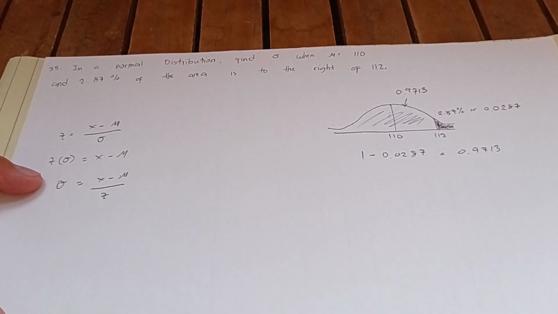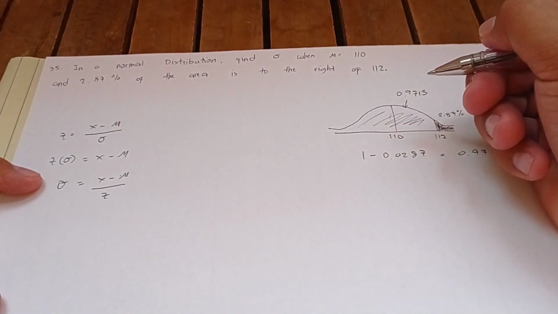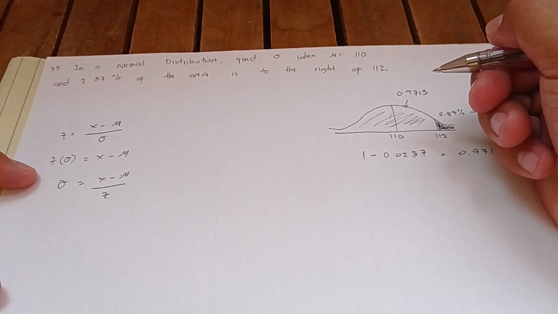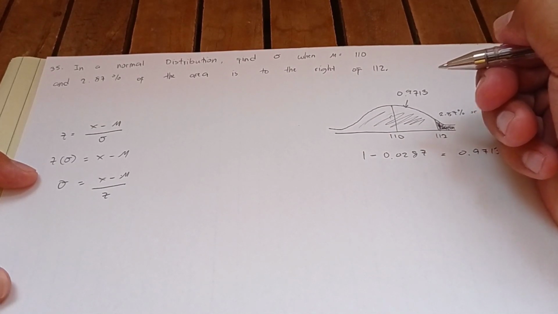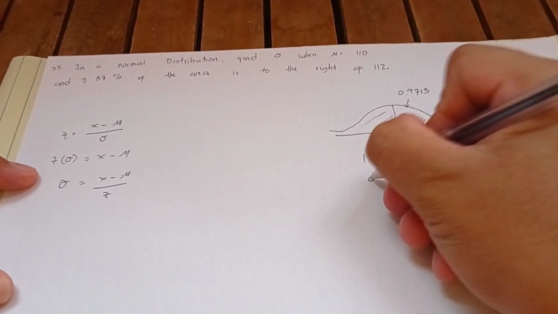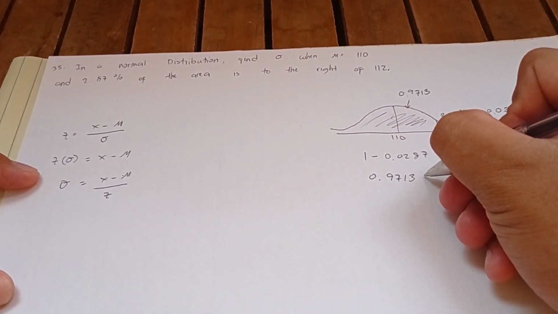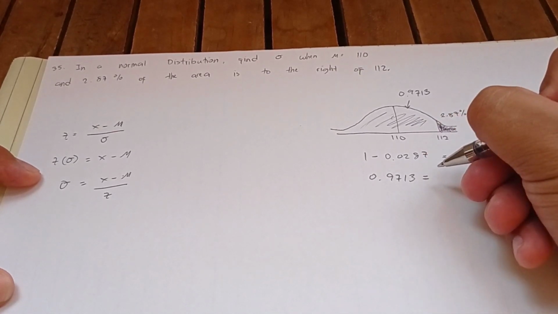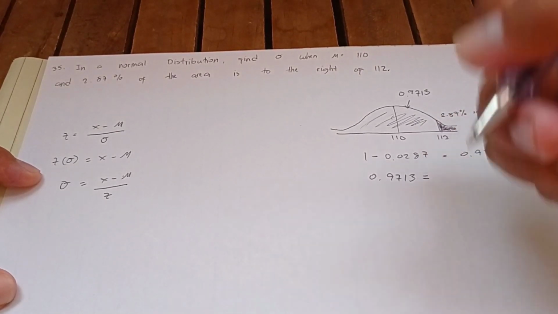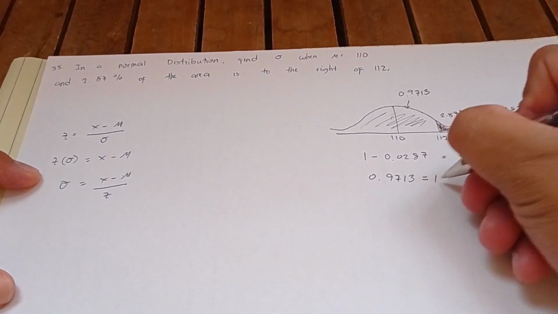Since we have this area, we could look up its corresponding z value on table E. So for 0.9713, its corresponding z value is equal to 1.9.